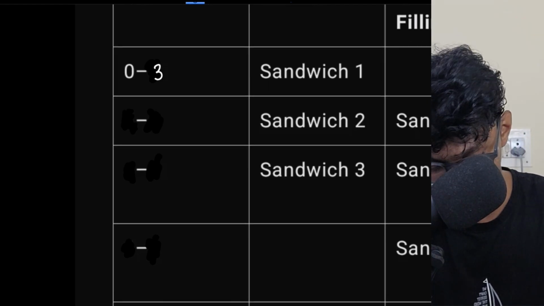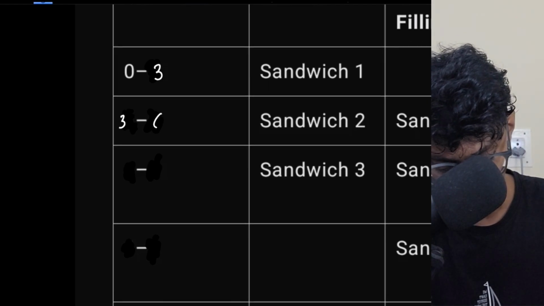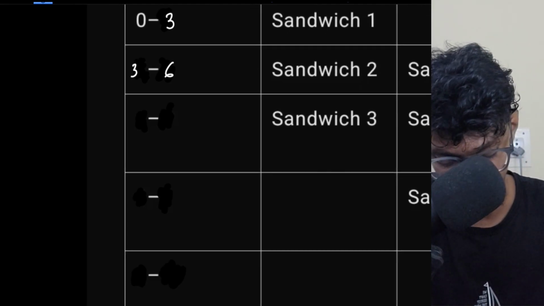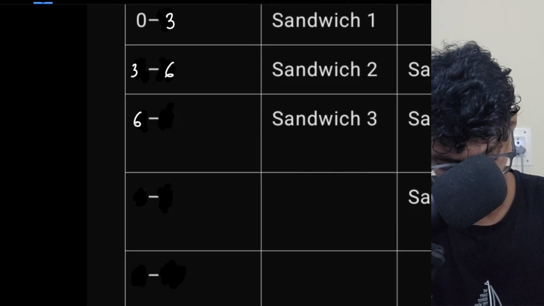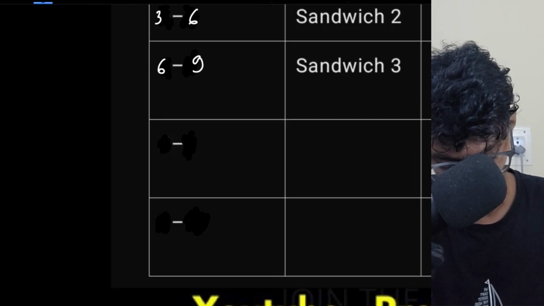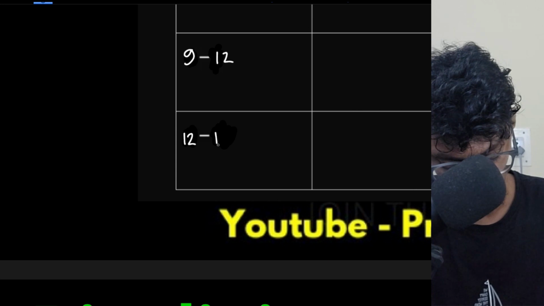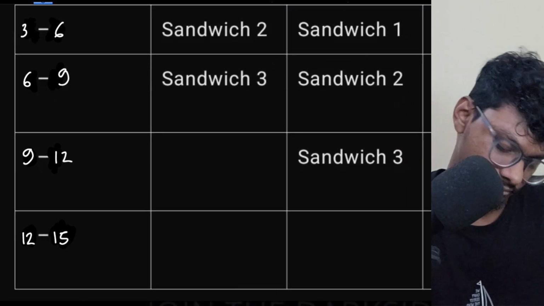So from 3, again, each cycle will be of 3 minutes. So this will be from 6 to 9, 9 to 12, 12 to 15.